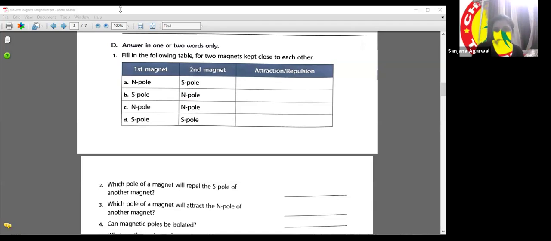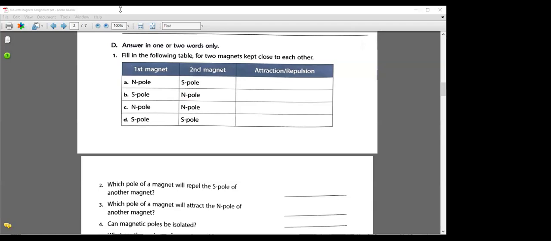Unlike poles attract, and like poles repel. Second, which pole of a magnet will repel the south pole of another magnet? Attraction, attraction, repulsion, repulsion.